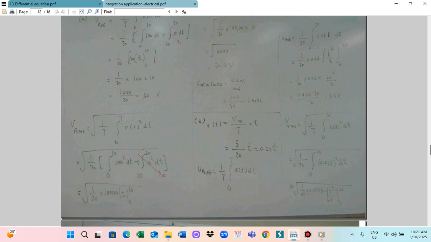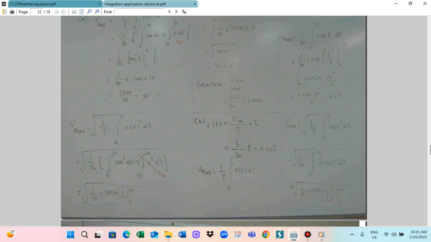Now we integrate this. 1 by 20 multiplying 0.25, and the integral of t is t square divided by 2, from 0 to 20. You substitute 20, so this becomes 1 by 20 into 0.25 times 20 square by 2.